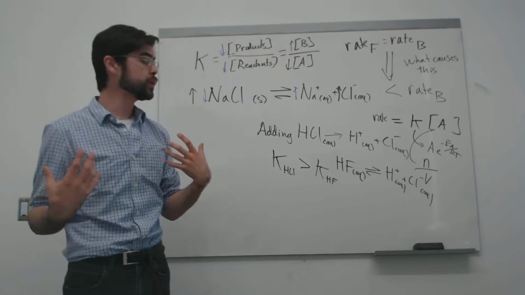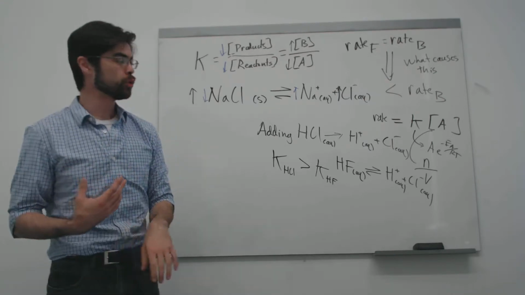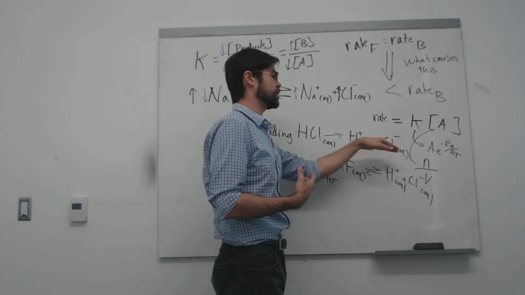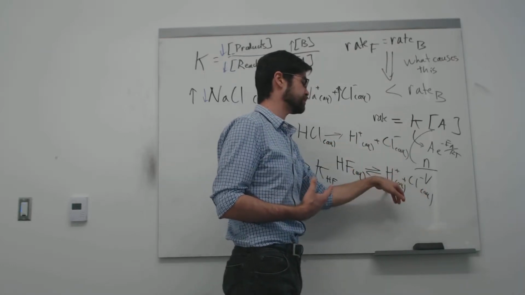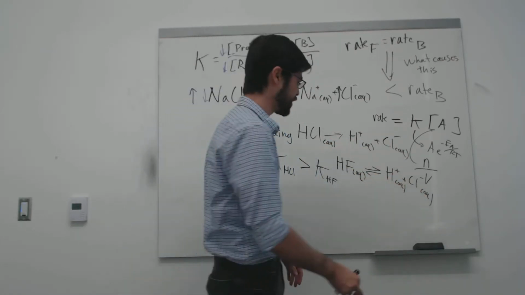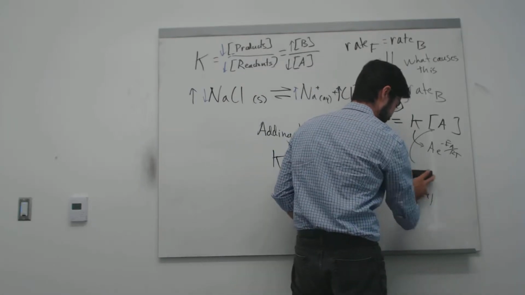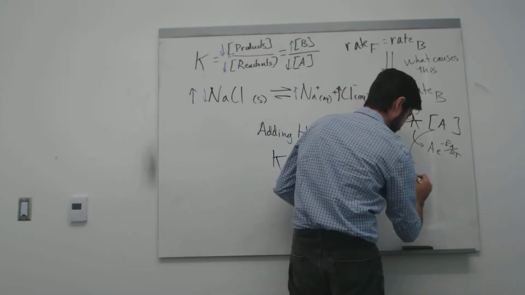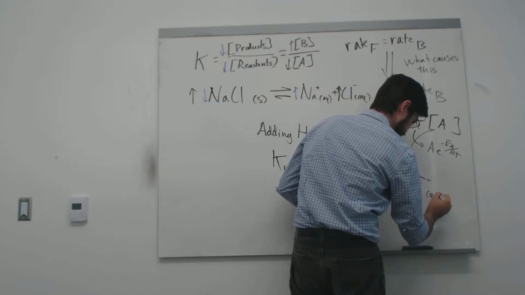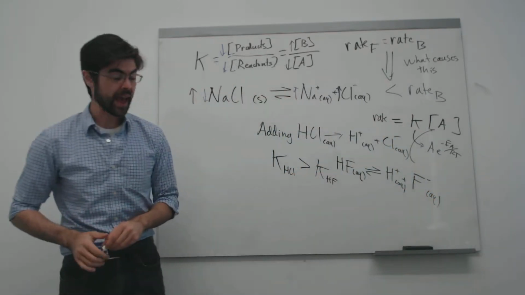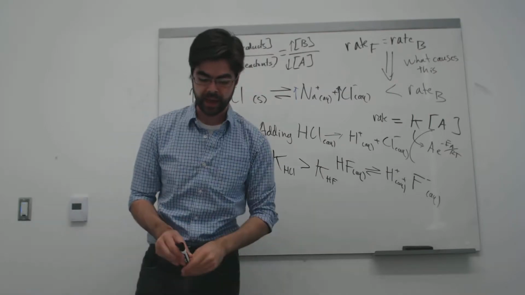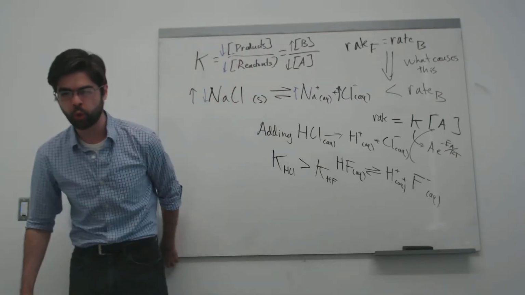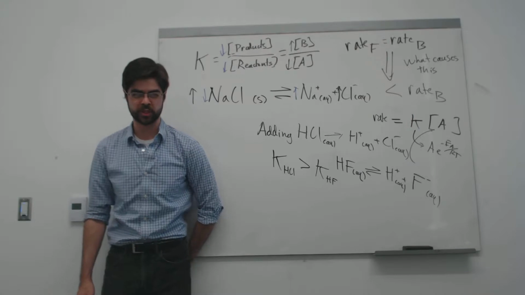And if you were doing that, then yeah, you would say, okay, I might know the concentration of H plus and Cl minus, I might know the concentrations of H plus and fluoride minus. And you would need to know their molar coefficients so that you could calculate K. But that's not quite how it works, conceptually speaking.